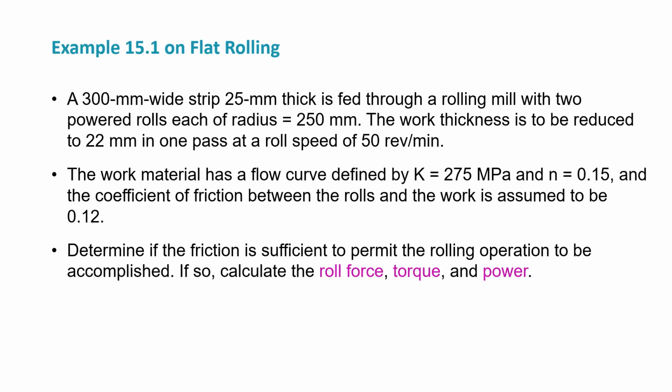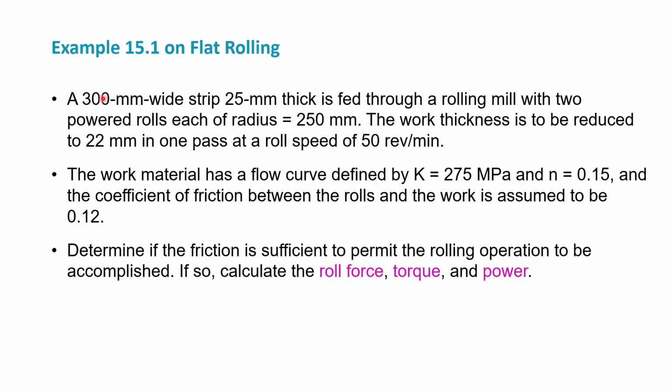So now let's go back to the example and analyze the parameters given to us. We have a 300 millimeter wide strip, 25 millimeters thick, fed through a rolling mill with 2 powered rolls. Each has a radius of 250 millimeters. The work thickness is reduced to 22 millimeters in one pass at a roll speed of 50 revolutions per minute.